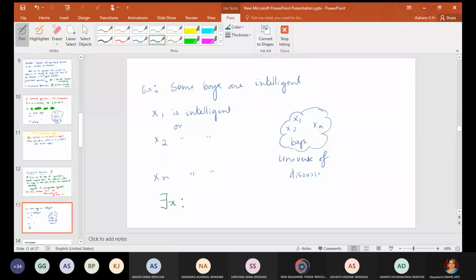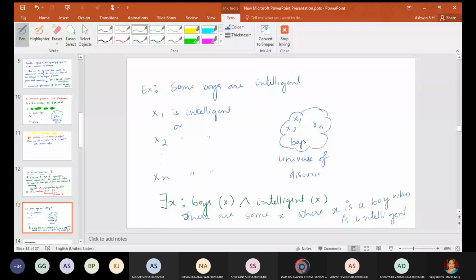Boys x, intelligent x. The meaning of this is, there are some x, where x is a boy who is intelligent.